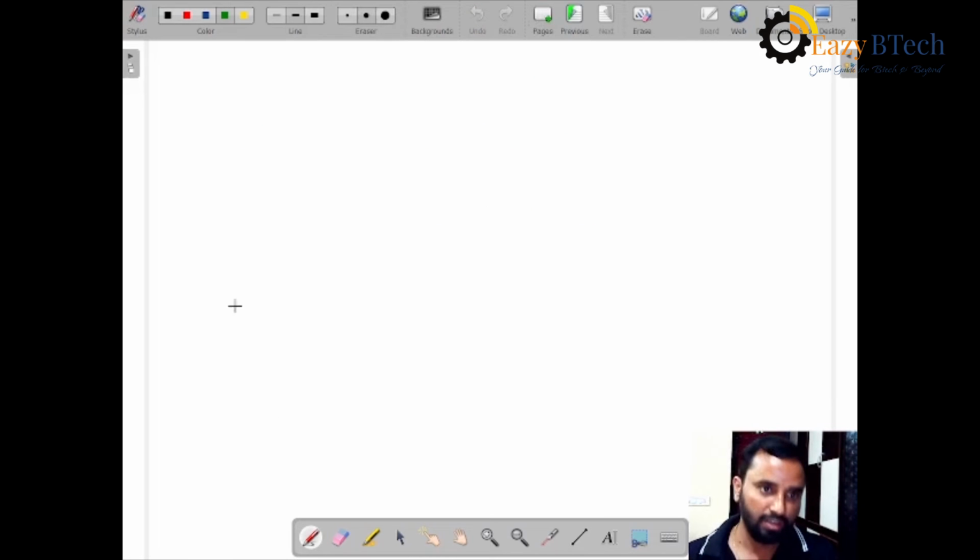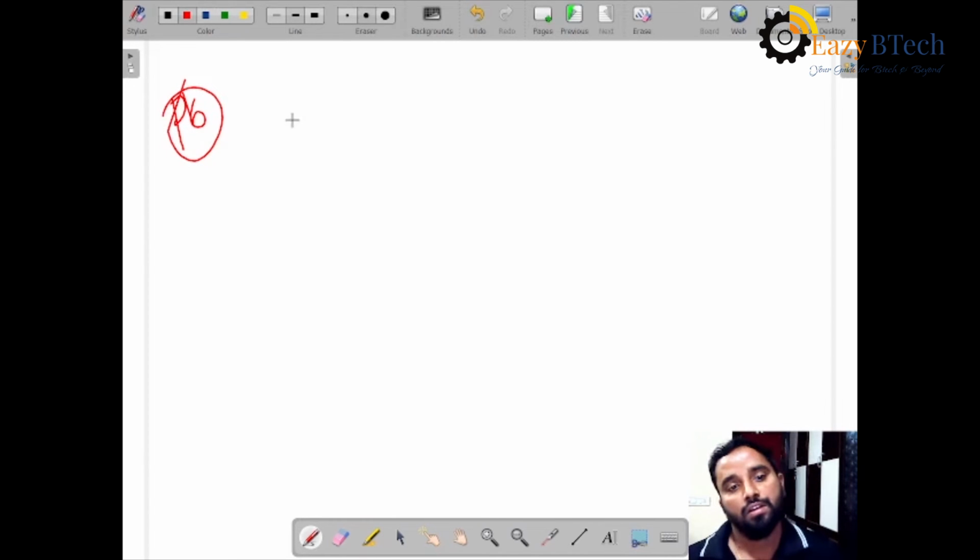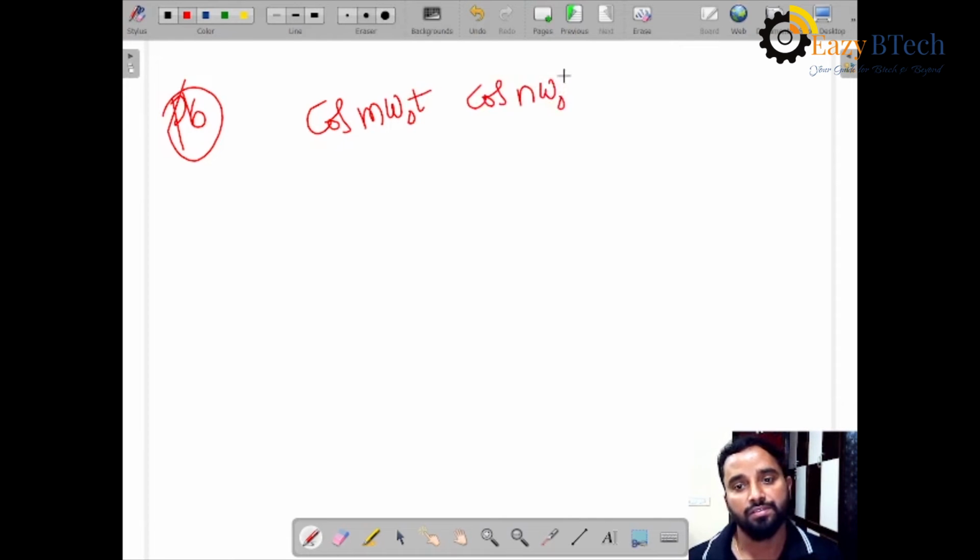And one more thing here I am going to do. I am considering cosine functions like cos m omega naught t and cos n omega naught t.